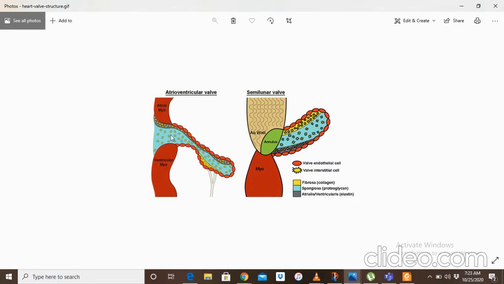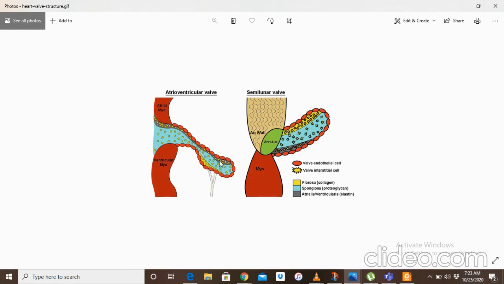Okay, so this blue is the central core of the cardiac valve which we called spongiosa. This gray layer is called atrialis or ventricularis, and this yellow layer is called fibrosa, which is connected to supporting structures. Okay, central core is spongiosa.